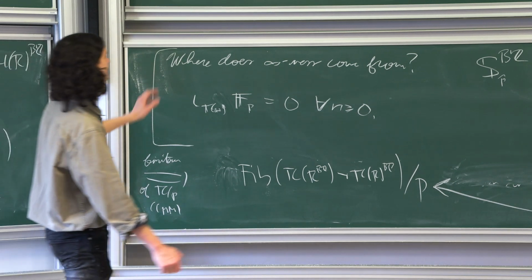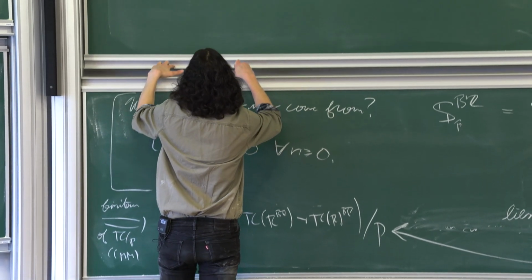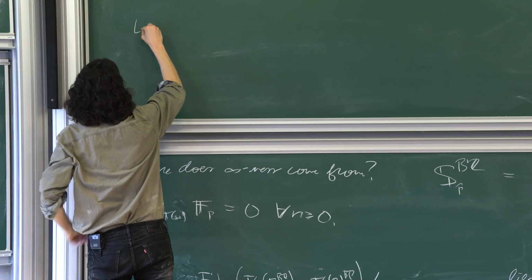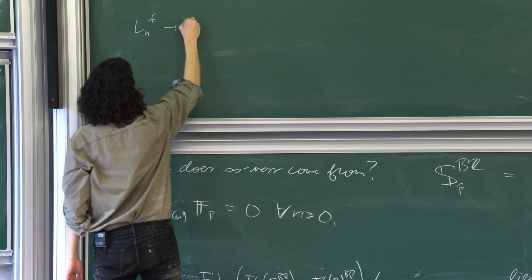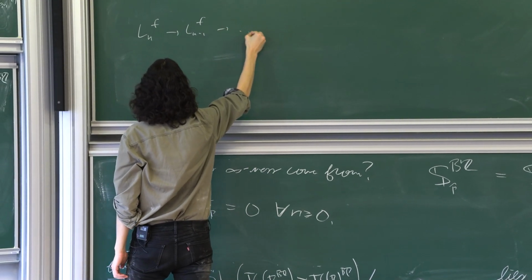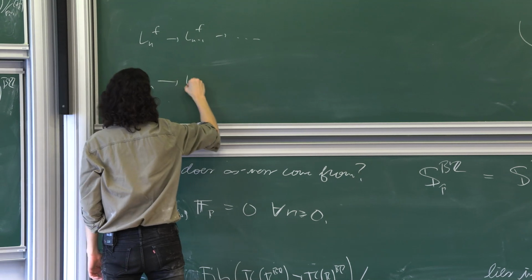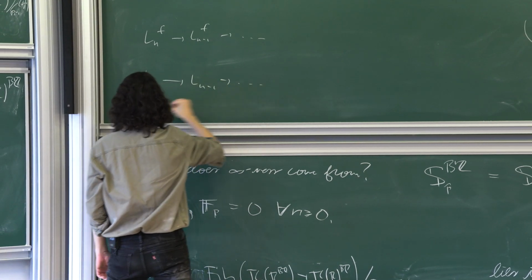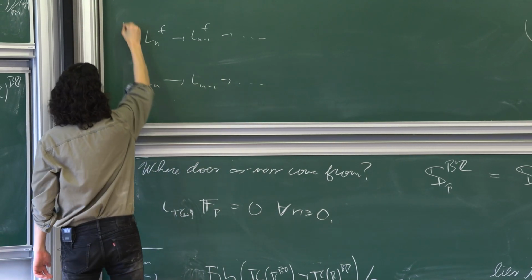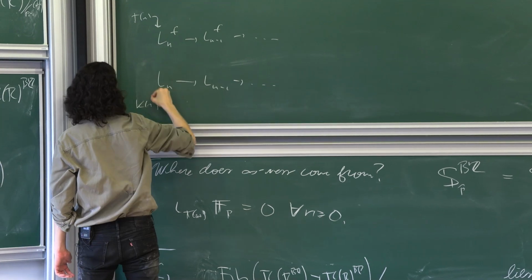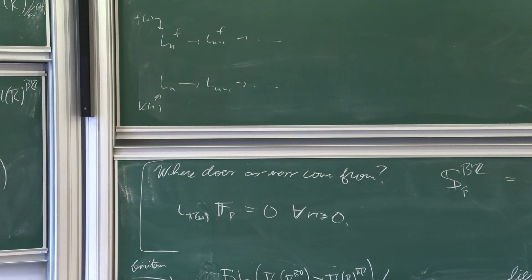So here's another open problem. Remember these LnFs which fit in a tower, and then there's the Ln's which are like the LnFs except with Kn instead of Tn, the Kn instead of the telescopic.